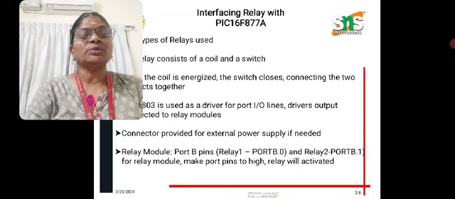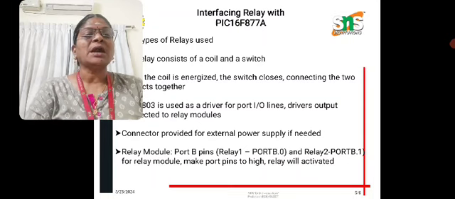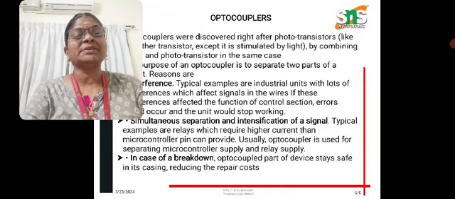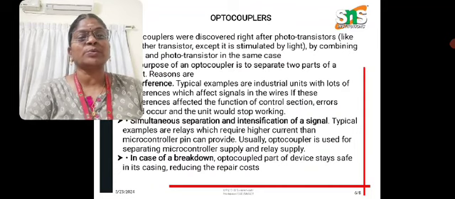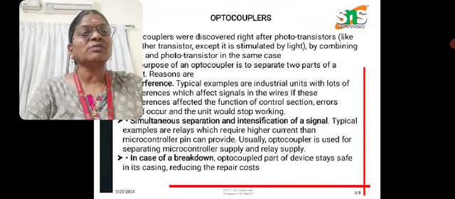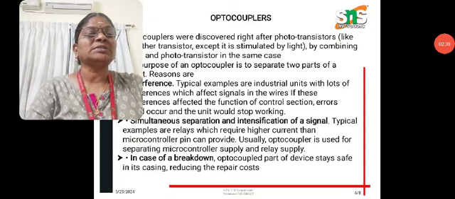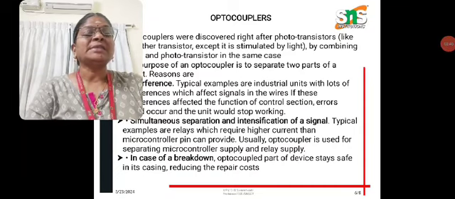This relay module uses port B pins, relay 1 on port B0 and relay 2 on port B1. When the port pins are made high, the relay will be activated. So this is the function of relays and how they interface with the microcontroller, as shown in the circuit diagram.